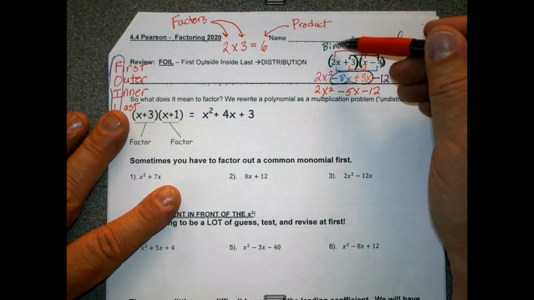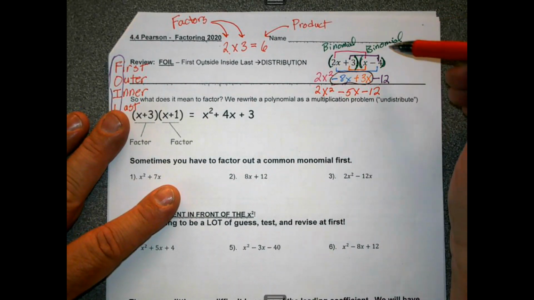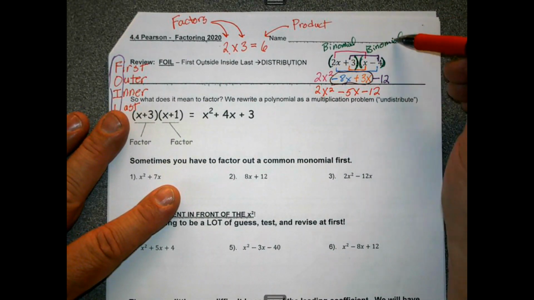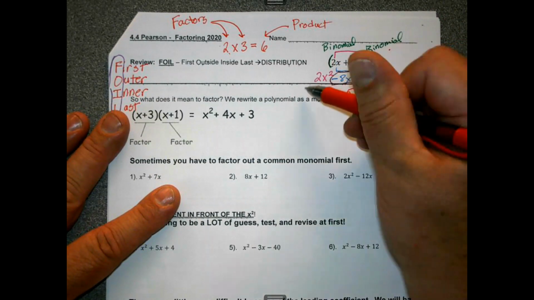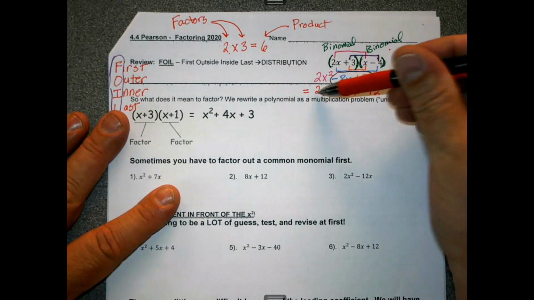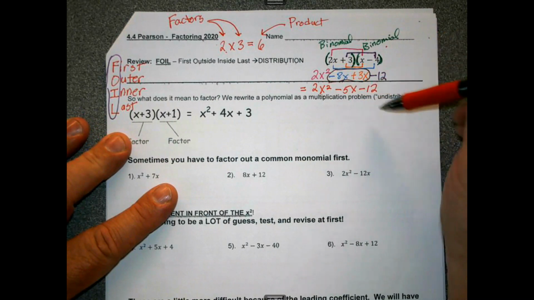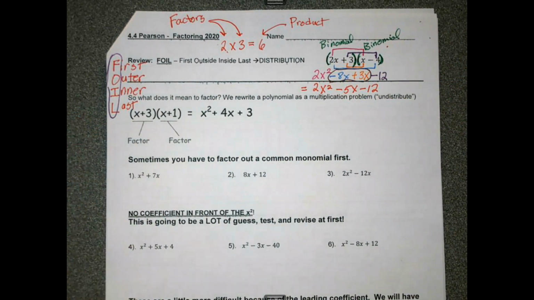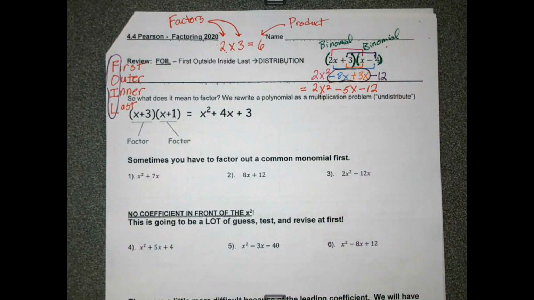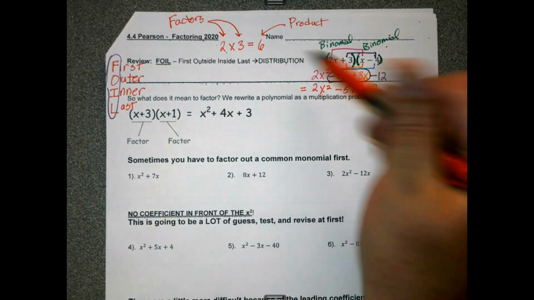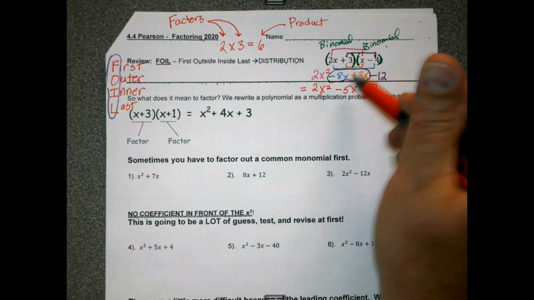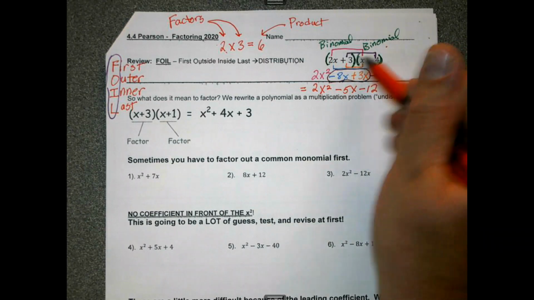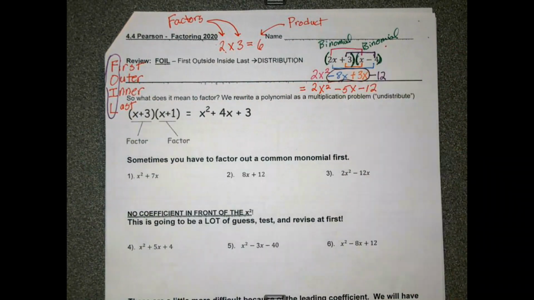I took this binomial factor times this binomial factor, and I got the product 2x squared minus 5x minus 12. So we're using distribution. It's just we're doing it in an organized way called FOIL.